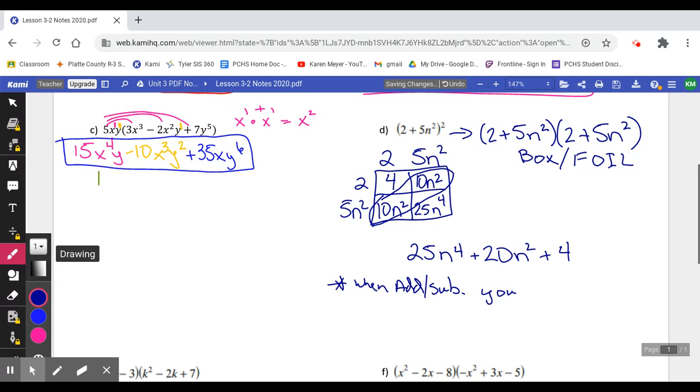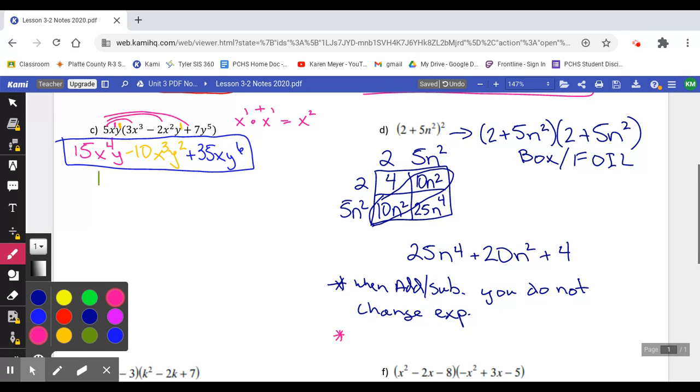Okay, you do not change the exponent. You only change the exponent when you are multiplying. Okay, not if you're adding or subtracting. So that's a big key thing to remember.